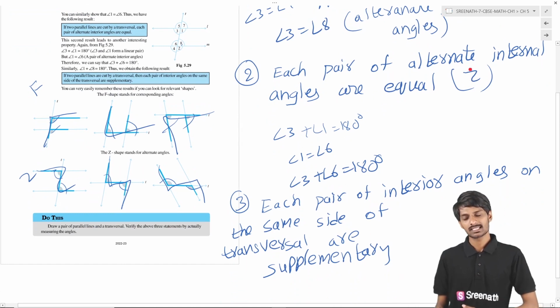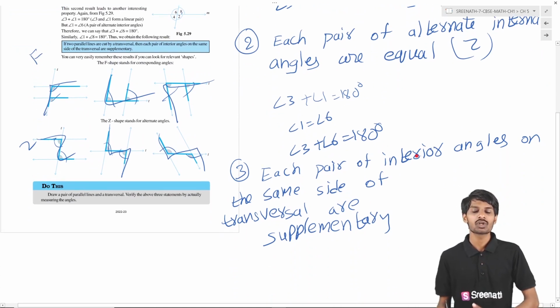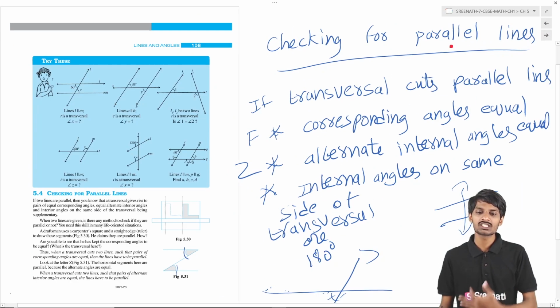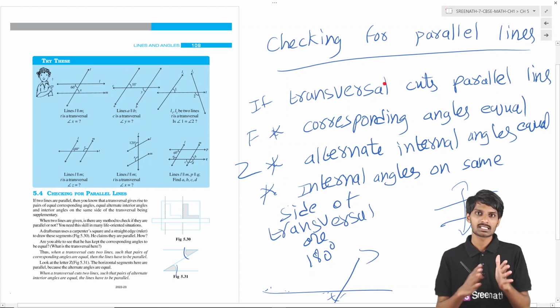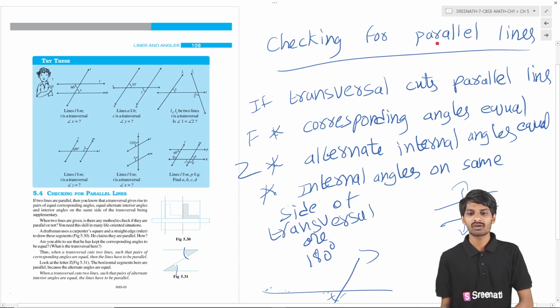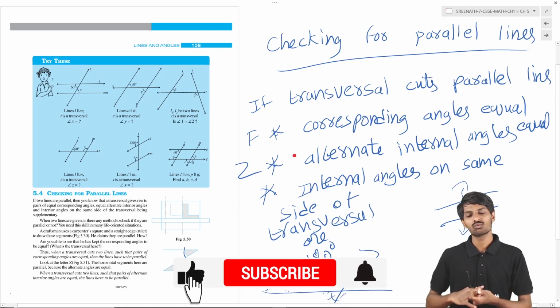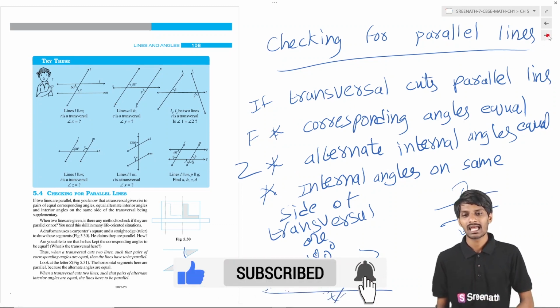We can understand it by the letter Z. And each pair of interior angles on the same side of the transversal is supplementary. So if these three conditions are satisfied, those are the results of the intersection of a transversal with parallel lines. And how to check for parallel lines? If these conditions are satisfied by any two lines, then we can say that those two lines are parallel lines, students.